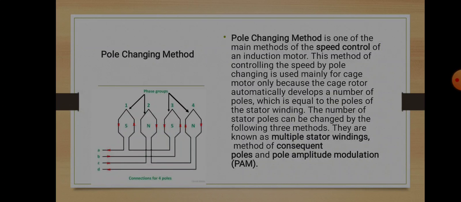Since Ns is equal to 120 f by P, where P is the number of poles, when you change the number of poles, your speed can be changed, because the speed is inversely proportional to the poles.